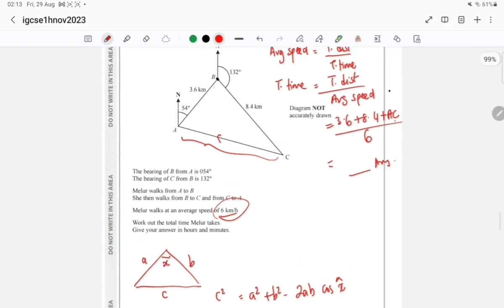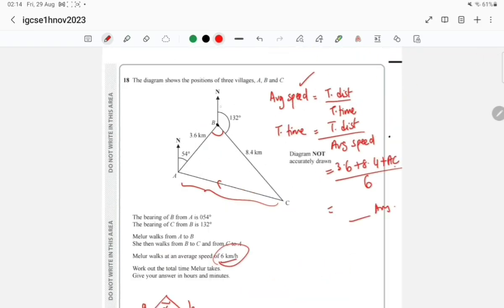Let's see if we can find this angle. So these two north axes are two parallel lines, right? So if I have two parallel lines, and this is angle A, this is angle B, A plus B will be equal to 180, right? So from this, I can find my green angle over here. So this would be 180 minus 54, which will be giving me 126.